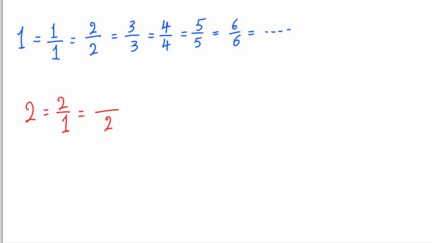Oh, and I want Ibrahim. You answered before. Okay, Ibrahim. So 2 in the denominator, the numerator should be? Double the 2, multiplied by 2. Okay, so next, if we use 3, it will be? 6.